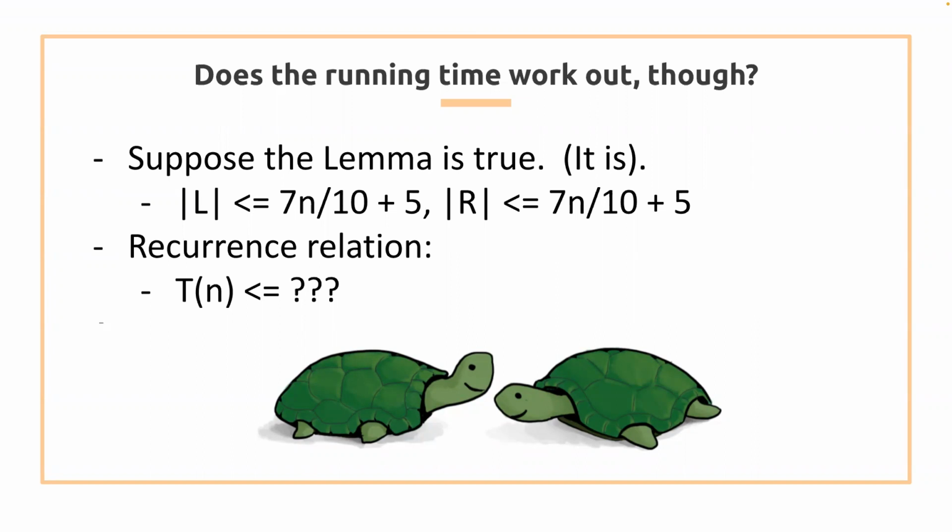So T of n is less than or equal to... Okay, so he says T of n over 5 plus T of 7n over 10 plus O of n. Is that what you guys got as well? Does somebody want to explain where each of these are coming from? Somebody else want to explain?